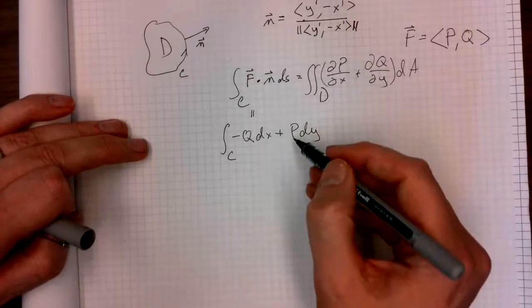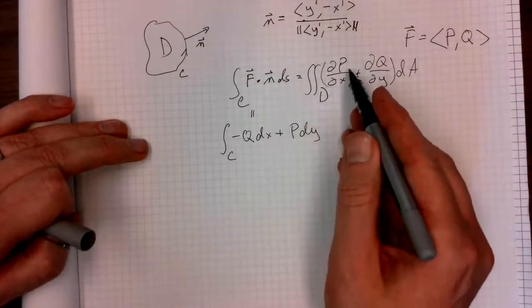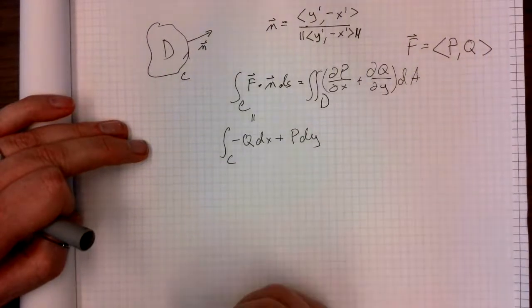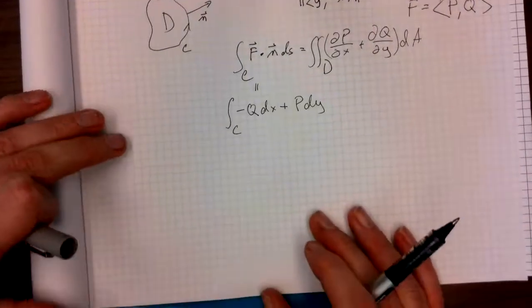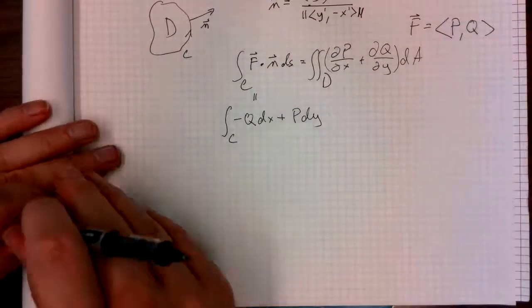We have the x derivative of this guy, which is dP/dx, and minus the y derivative of this guy. That's this, right?